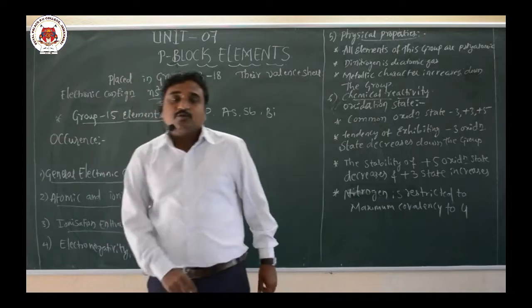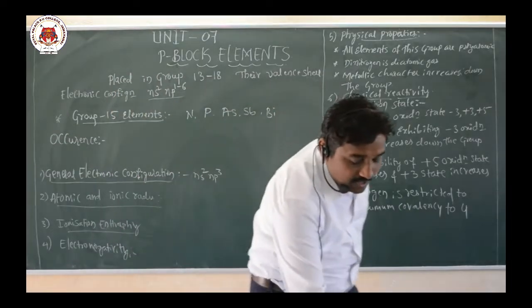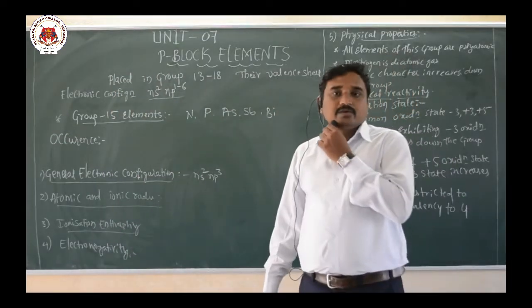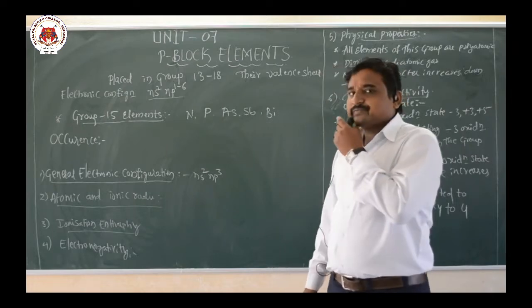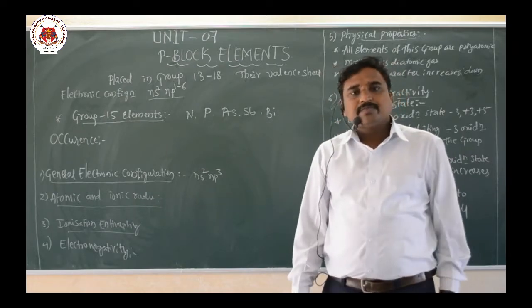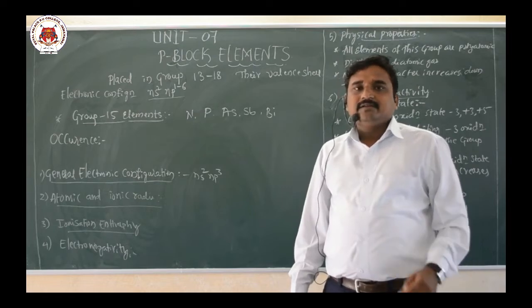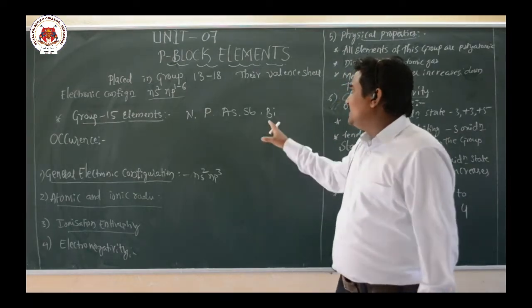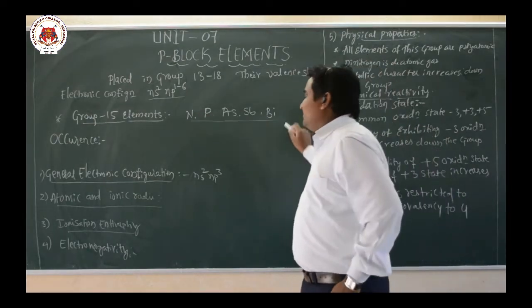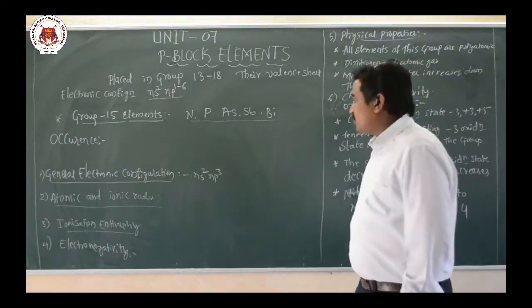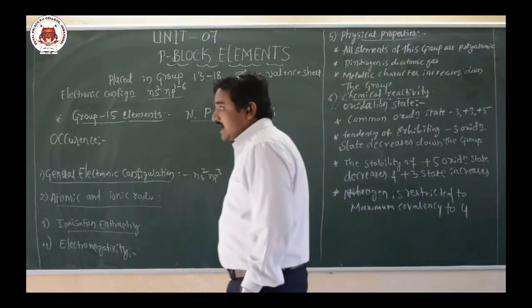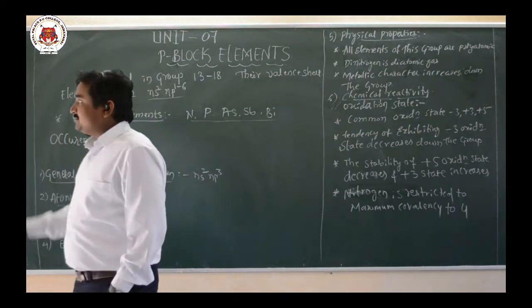The group number 15 elements are nitrogen, phosphorus, arsenic, antimony and bismuth.